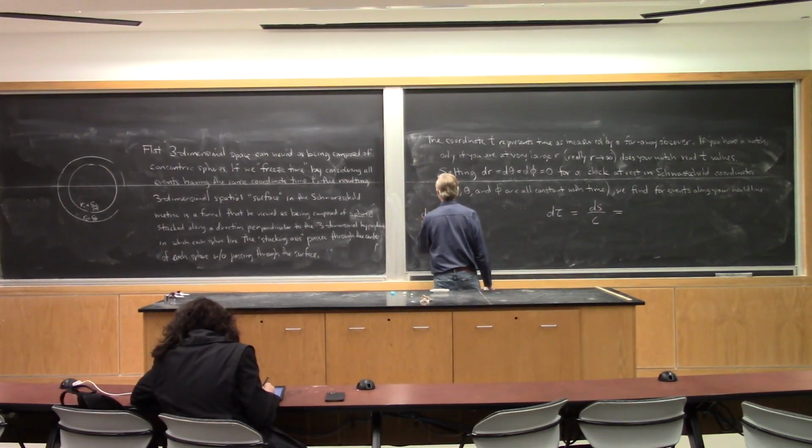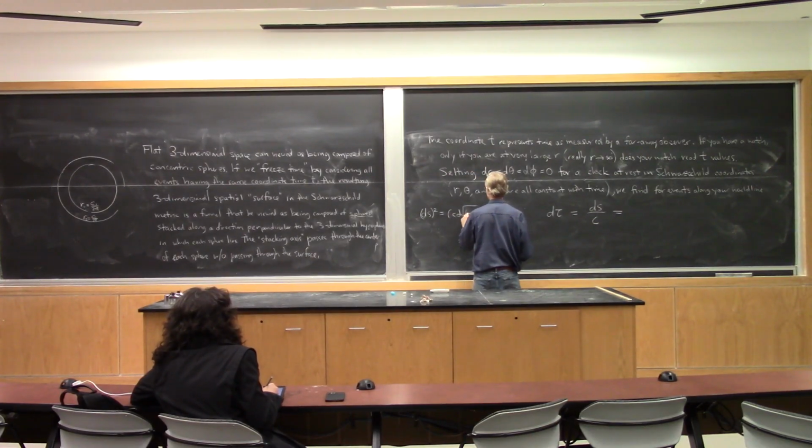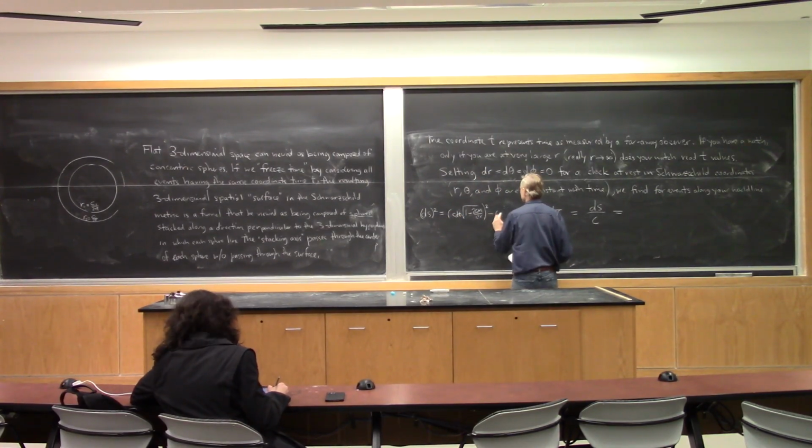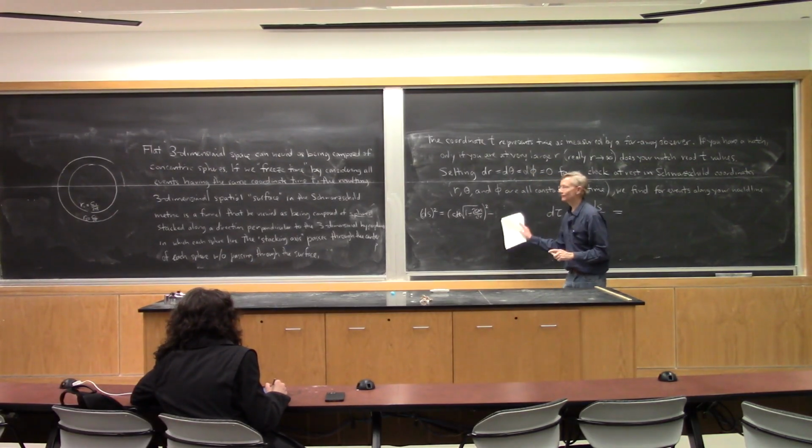Well, remember, ds squared is c dt times the square root of 1 minus 2GM over c squared r, squared, minus, what are the other pieces? Let's remember. I know one's r d theta squared. Yeah, right, so the angular pieces look normal. And what about the dr one? Where's the square root go with the dr one? Underneath.